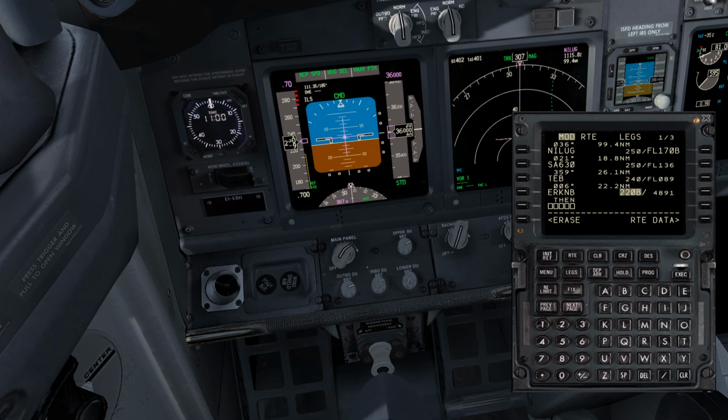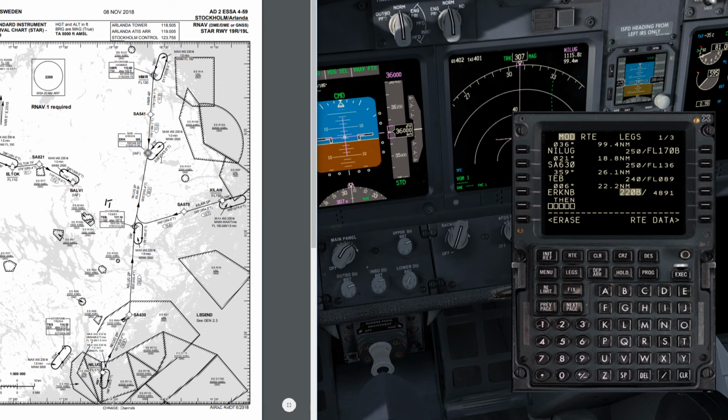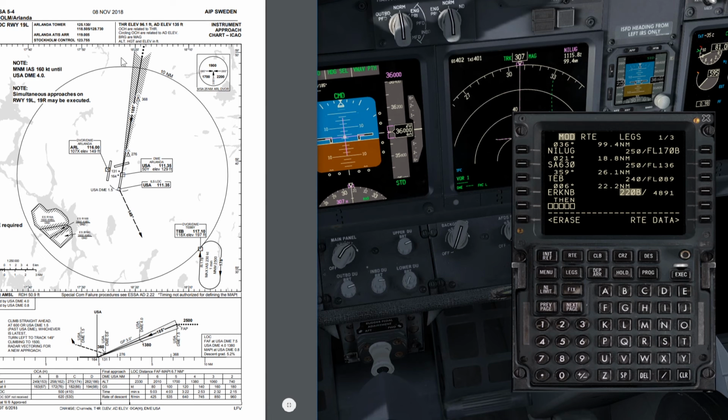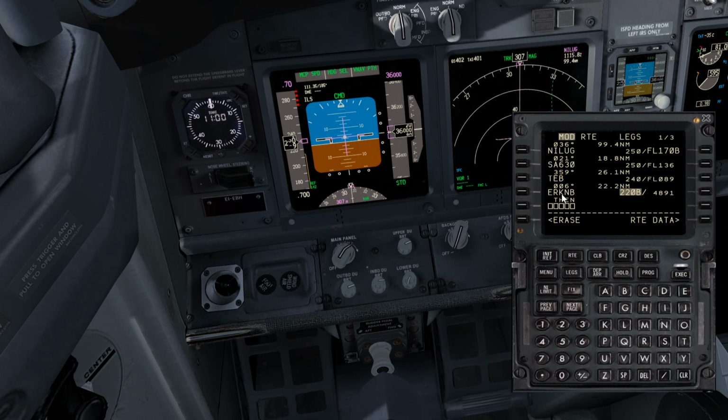Next thing is, if we go back to the chart at Erken, you see that it ends, and also we have a discontinuity in the FMC. So we can just check here, we see there's no transition. So as long as we keep that in mind, that Erken is our clearance limit, which means that we cannot continue towards the runway if we are not cleared to do it.